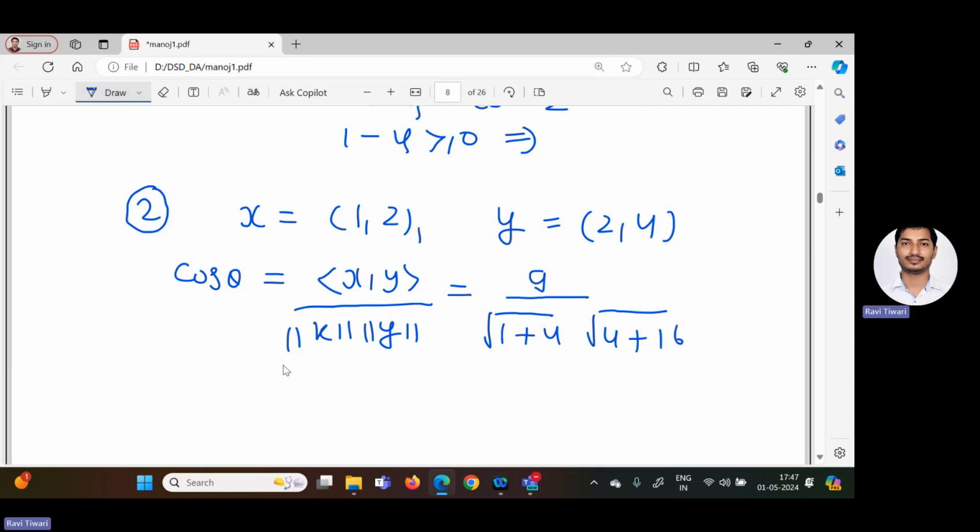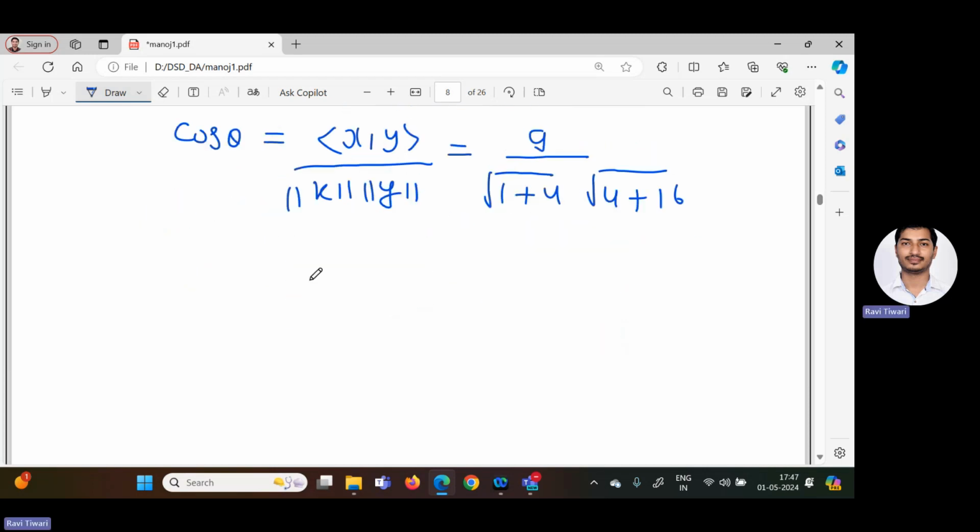Like that we can calculate. Sometimes if we are given the vectors, we can easily calculate. But if we are having a different kind of inner product.